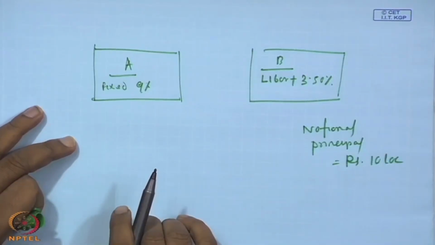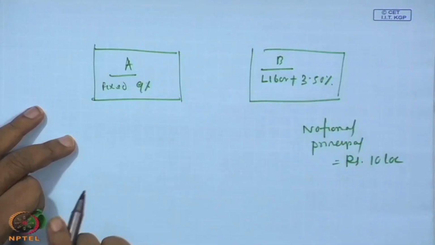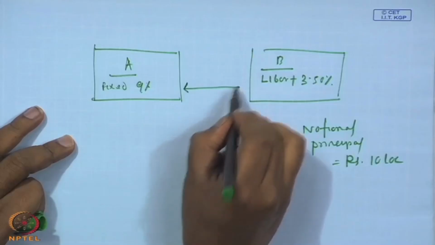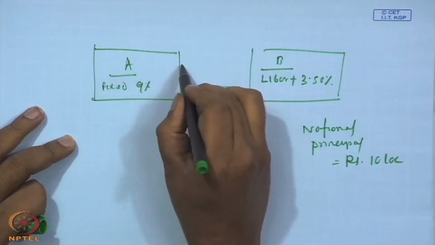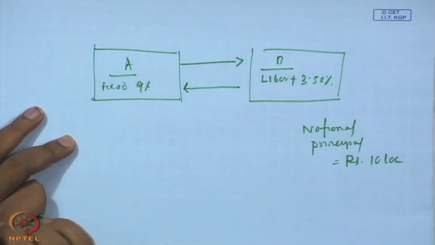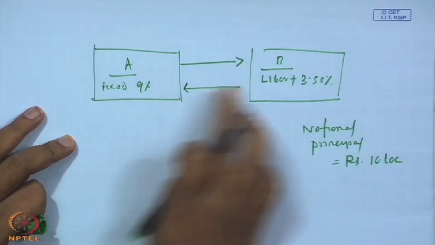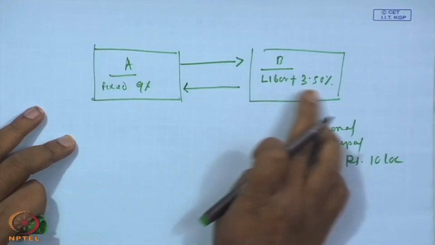Now, what is the transaction process? Company B will borrow from the market at LIBOR plus 3.5, and the interest will be transferred to company A. Company A will borrow at 9%, and the interest amount is transferred to company B.